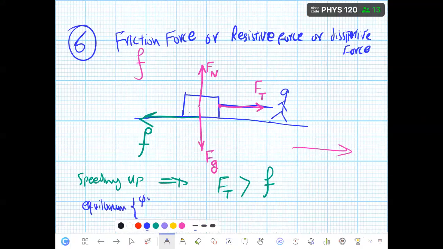It means that it doesn't move, or it moves with constant speed or velocity. At this point, the tension should be equal to the friction force. Make sense? Good.